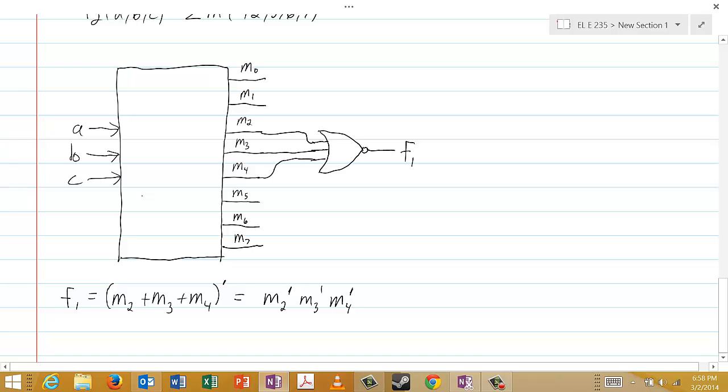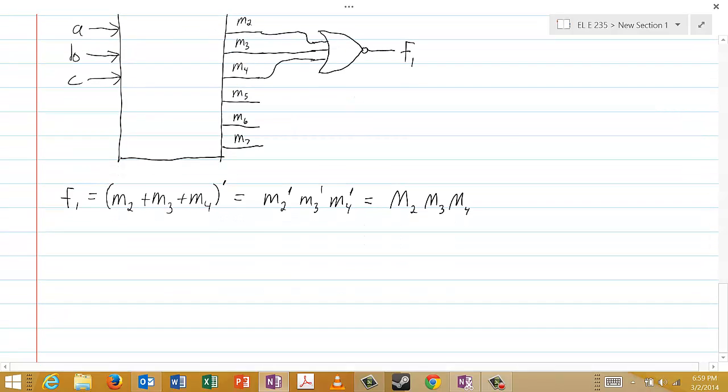One last time, the complement of a sum is the product of the individual complements. And now, as we said a moment ago, the complement of a minterm is the corresponding max term, so this is capital M2, capital M3, capital M4.